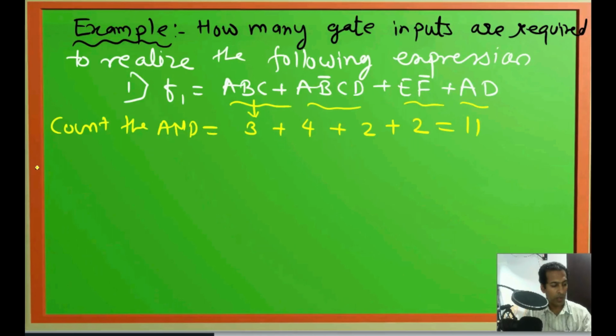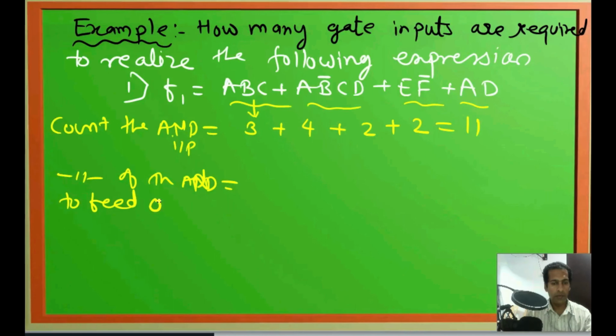Then we count the AND gates feeding the OR. How many ORs are there? 1, 2, 3 ORs.